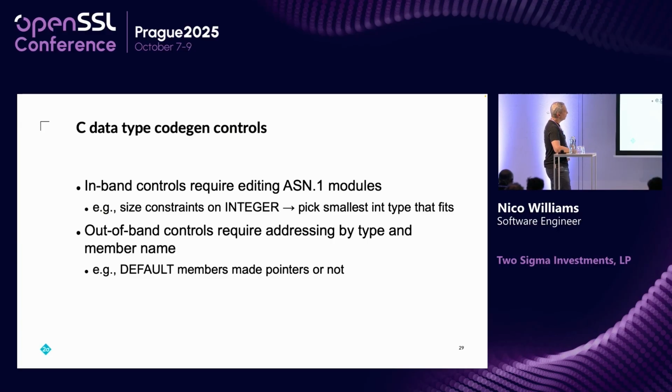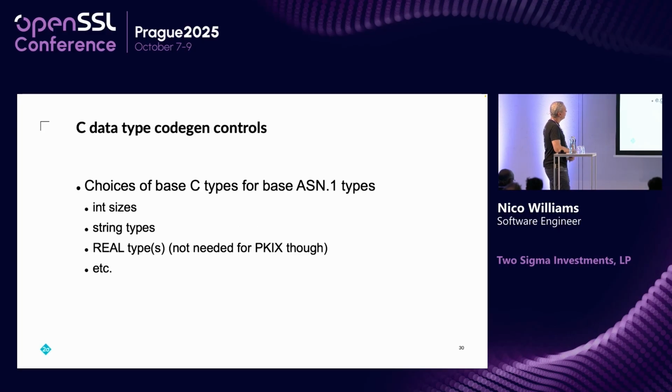And you could do lots of out-of-band controls like that. Heimdal's compiler actually lets you put all those command line options in a separate file. So you don't have to be always putting them in the command line. You can tell it to read them from a file. So essentially that becomes a file that has your code gen controls.